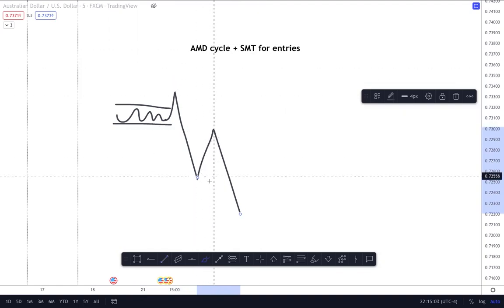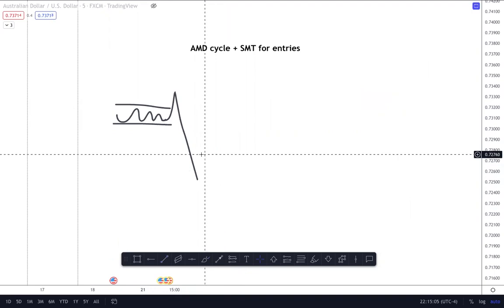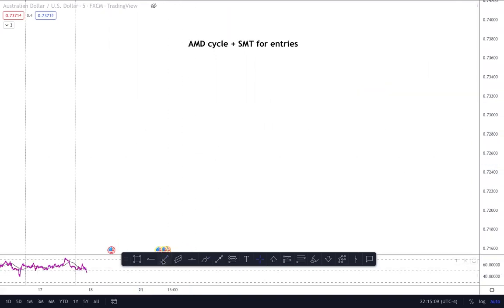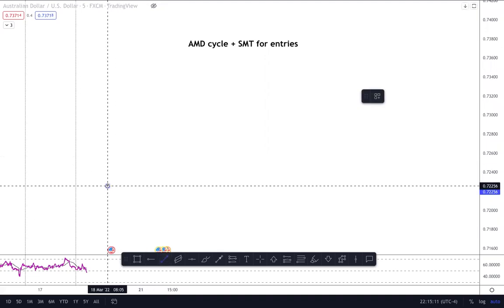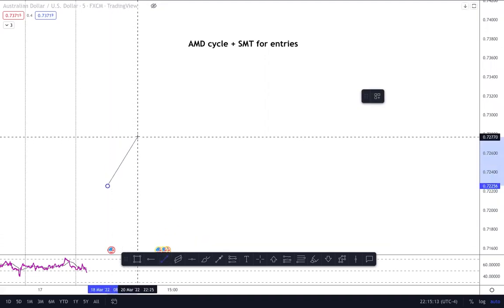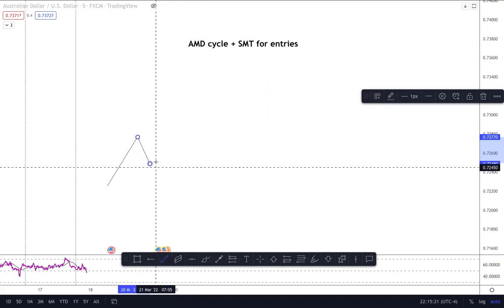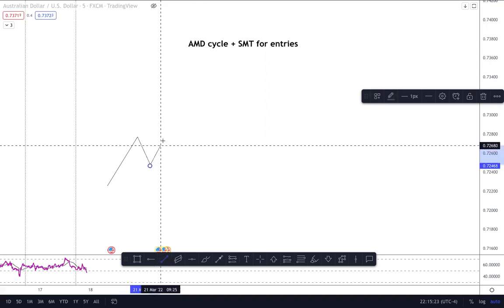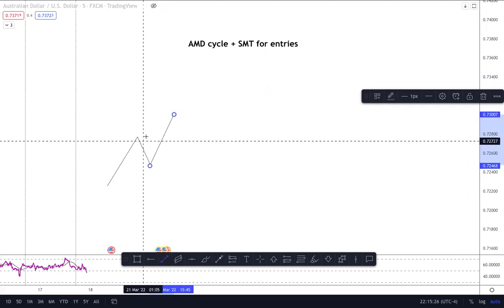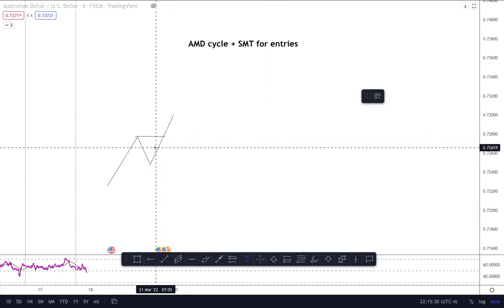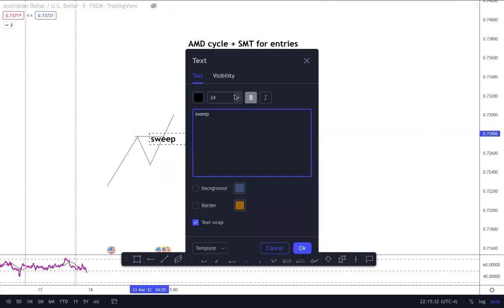Now, from a more proper approach here, a little less messy diagram and more in SMC terms, we need to see some sort of pressure coming up to the upside or downside. After that pressure has come into the market, we need to see price retrace. And then after we have this retracement, we need to see a sweep of that previous high like so, which is right here. This right here would be our sweep.